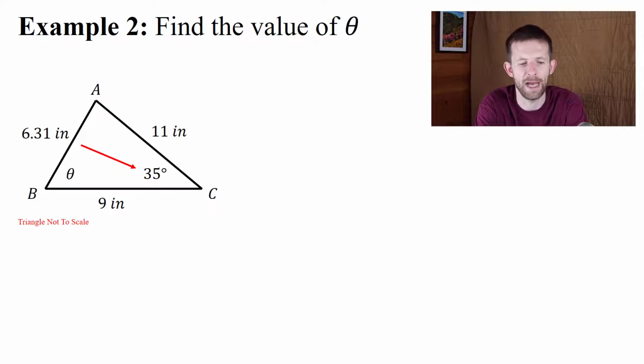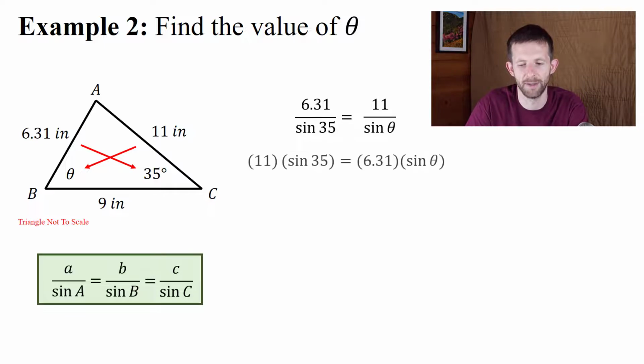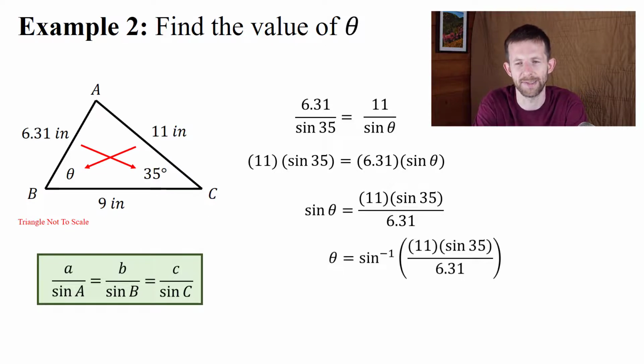So since I have the side that's 6.31 inches, and now I have the 35 degrees, I've got that pair, so I can use the law of sines. 6.31 divided by the sine of 35 is 11 divided by sine of theta. Cross multiply, isolate sine of theta by itself, and then take the inverse sine of that whole thing, and that gives you theta is 89.17 degrees.